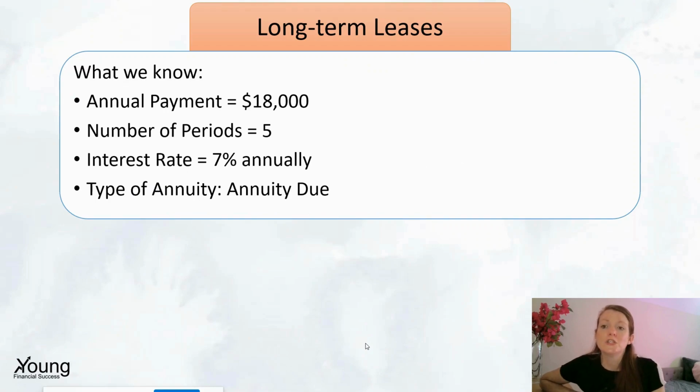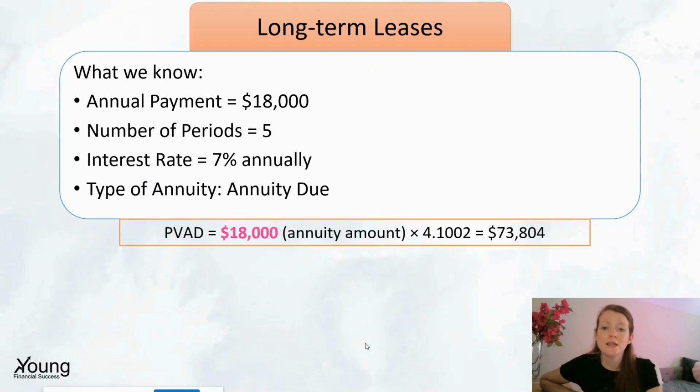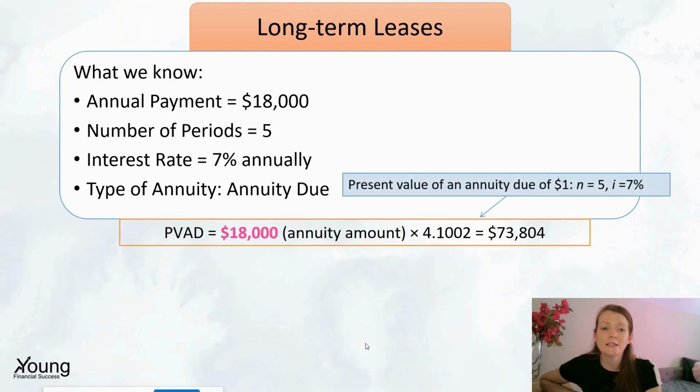All right, so we took that same information and we're going to calculate how much the present value of the annuity due is. We went to present value of annuity due, PVAD table, and got the factor 4.1002. We multiply that times the 18,000, that's the payments each year, and that tells us the present value is 73,804.